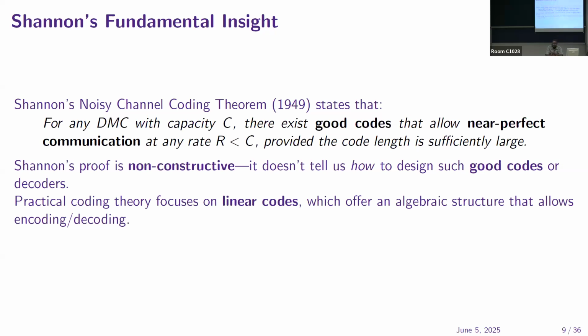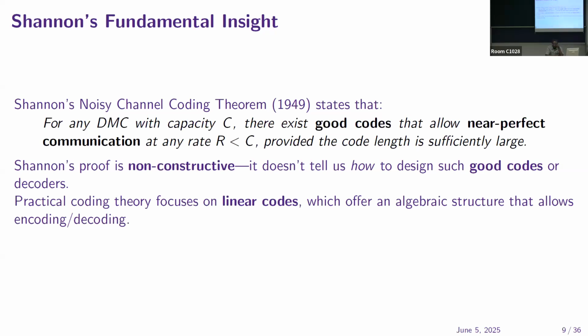There exist good codes that allow near perfect communication at any rate R less than C, provided the code length is sufficiently large.